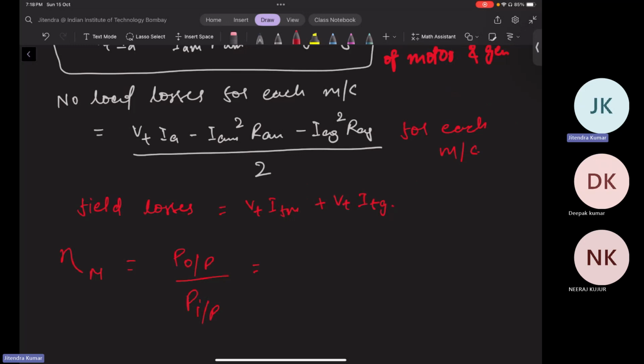We can identify the input here with some parameters, so we will just go with losses of the motor divided by input of the motor.